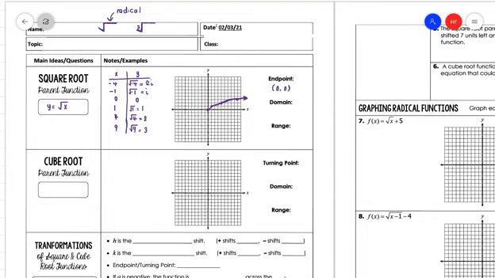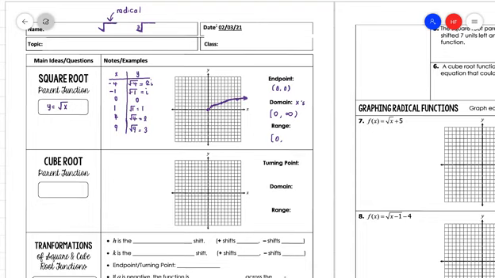Then for my domain, remember domain are my x values. And so my x's start at 0. And they go to the right forever, so they're going to head toward positive infinity. And then my range is starting at 0. And it looks like it's increasing and then it's going to kind of flatten out, but that's not true because my next one, let's see, would be 16, which would bring me to a 4. 25 would bring me to a 5.